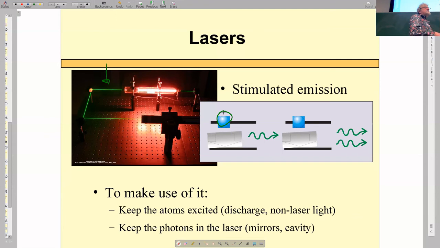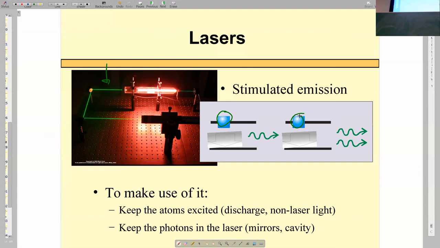And it turns out if we have many atoms in the excited state, we can also accumulate quite some photons. And these photons will enhance the emission, will lead to the fact that these atoms decay faster. Did it help, this picture? Me neither, but somehow everybody uses it.